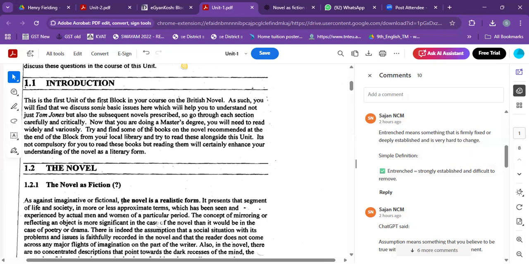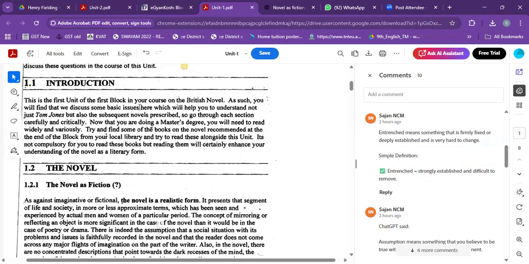These issues are not exclusively dealing with Tom Jones, they deal with other novels also. So we are going to spend a little more time here, but that's worth spending.